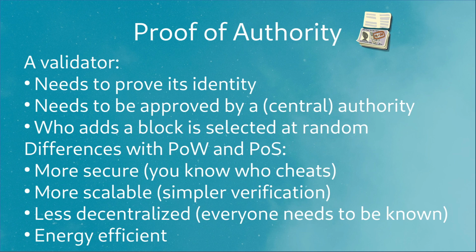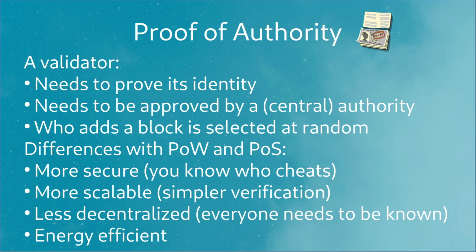On the other hand, a proof of authority blockchain is less decentralized than a proof of work or a proof of stake blockchain, and this is because everyone needs to be approved through a central authority, and also, well, you cannot verify many people, and typically a proof of authority blockchain consists of a group of parties that know each other, and there is a limit on the amount of validators that are verified in a proof of authority blockchain.